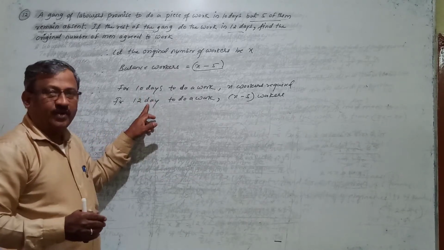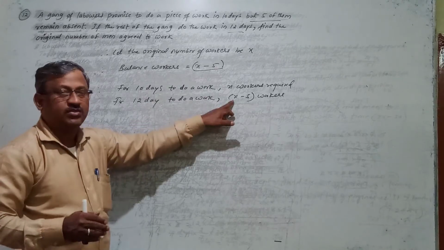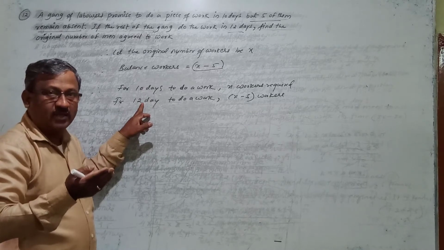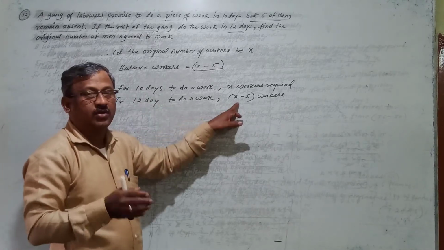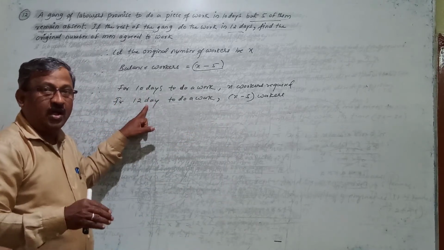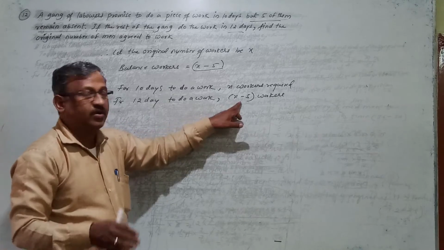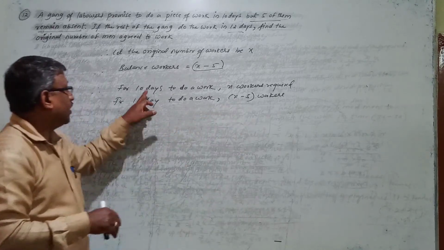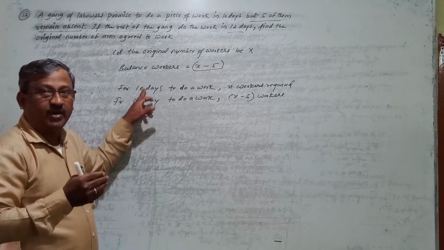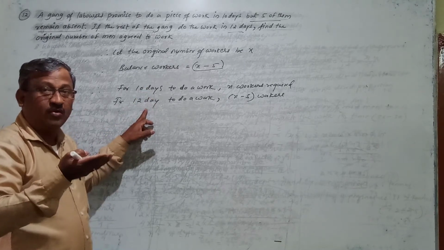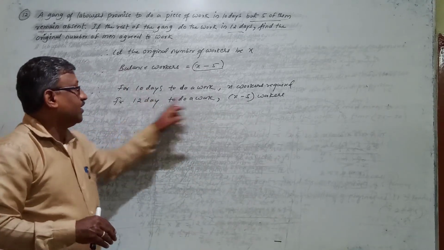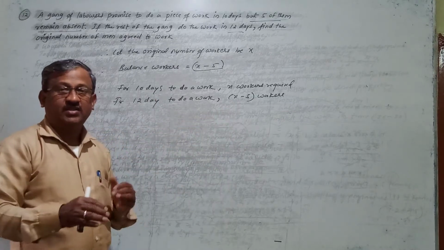As the number of days increases, the number of workers required to do the work decreases, and as the number of days decreases, the number of workers required increases. Here the number of days have increased from 10 to 12, and due to that, the number of workers required are decreasing. So when one is increasing, another one is decreasing.